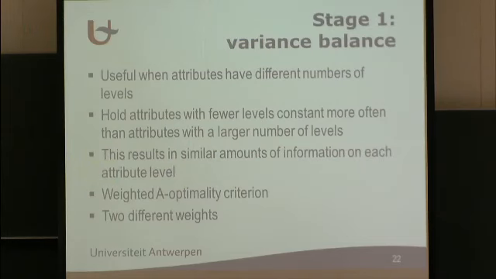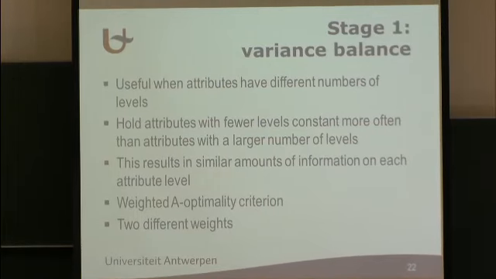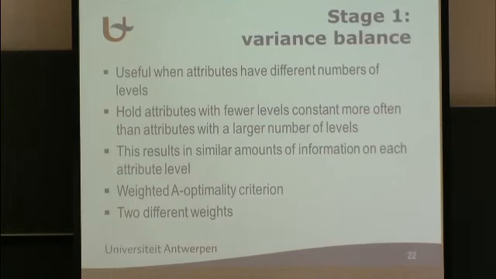We've named it the variance balance approach to determine what attributes to hold constant in every choice set. The idea is that we hold attributes with fewer levels constant more often than attributes with a larger number of levels. The reasoning behind that is that for attributes with fewer levels, we need to learn less. How did we do that technically?